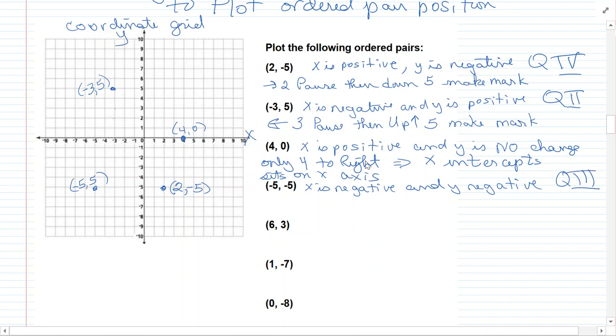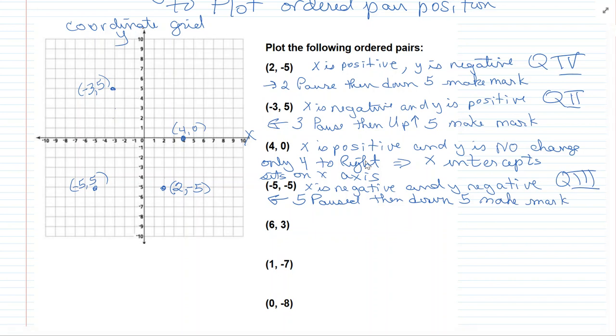All right, so what did we do? Well, we went to the left 5, and we paused. And then down 5, because it was negative, and make a mark. Remember, the two values give us one position on that coordinate grid, and that was in quadrant 3.